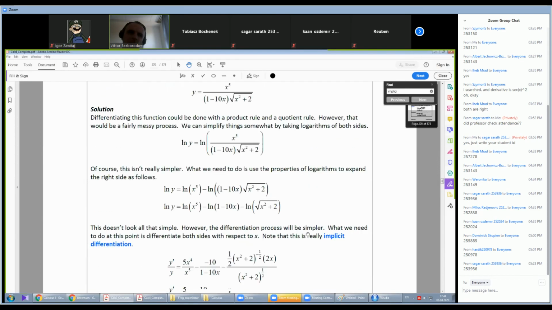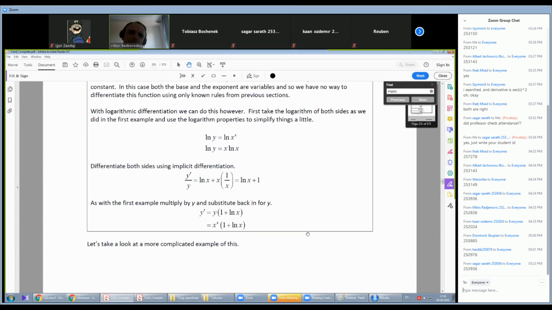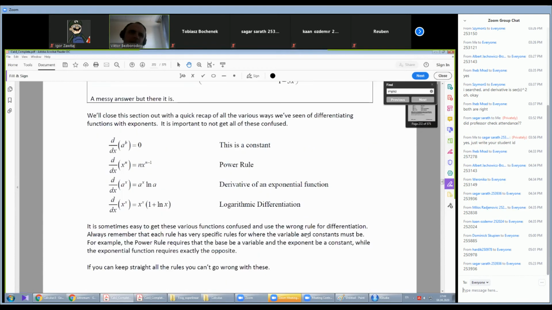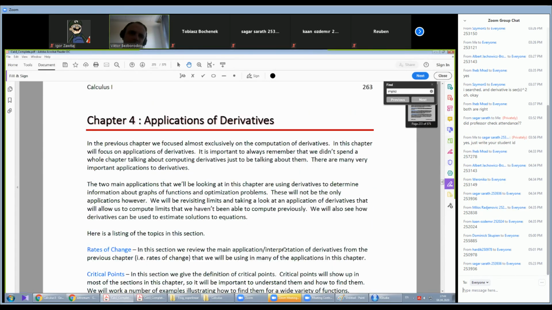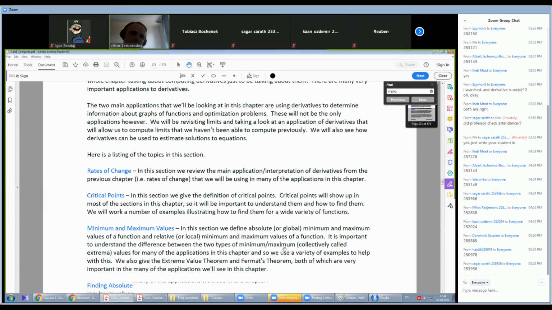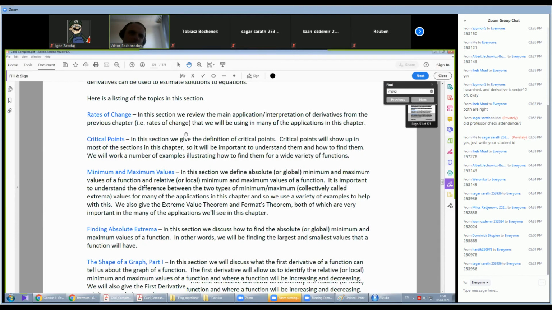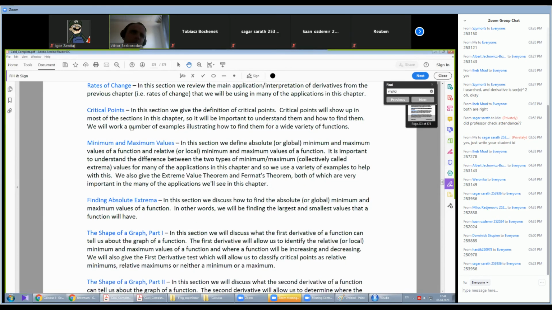Then we pretty much finished with the derivatives, and we discussed the following 4 points. We discussed critical points and the definition of a critical point. We discussed the minima and maxima, or the extrema, and how to find them. Let us recall how to find extrema on an interval.